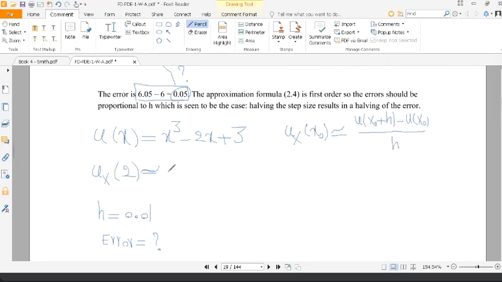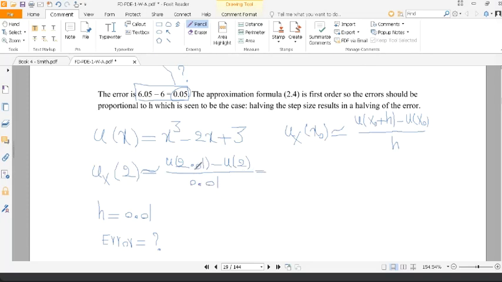Okay, and for this example, we have x0 equal to 2 and h equal to 0.01, and then u of x0 plus h is u of 2.01, minus u of x0, which is u of 2, over h, which is 0.01. Okay?